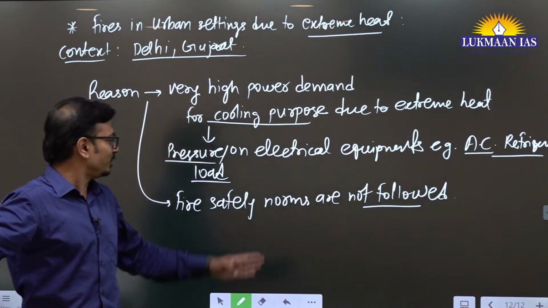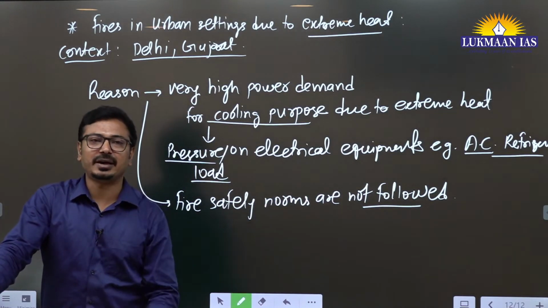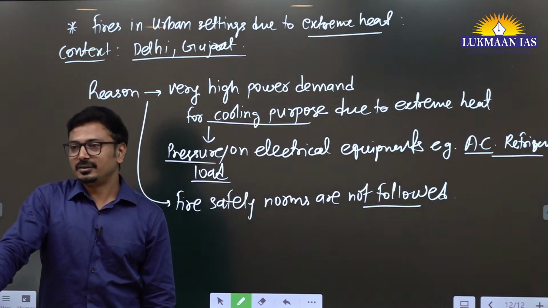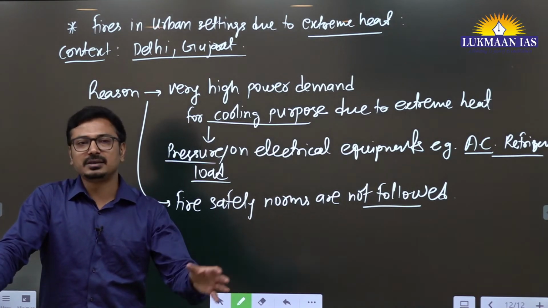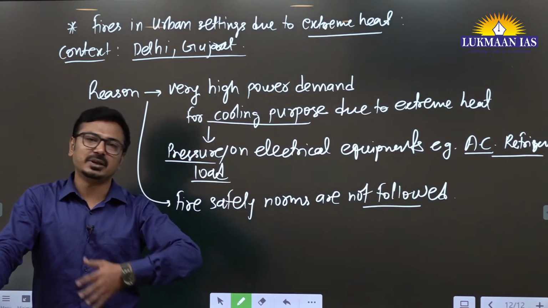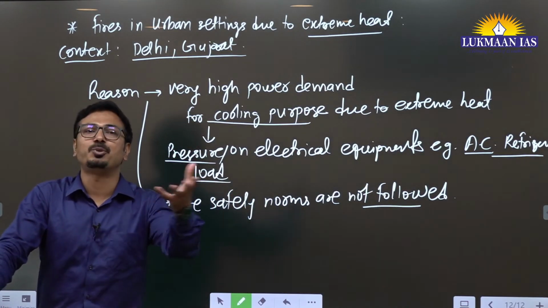But we don't follow these fire safety norms. We don't have exits, fire exits, right? And because of that, once the small incident turns into a big one, then the problem comes with a response.